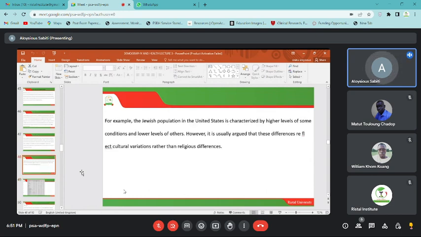An example is also here that the Jewish population in the US is characterized by high levels of some conditions and lower levels of others. So it could be because of their practice. And just not to be biased, you would sometimes realize that Catholic priests could be associated more with chronic diseases such as cancer.